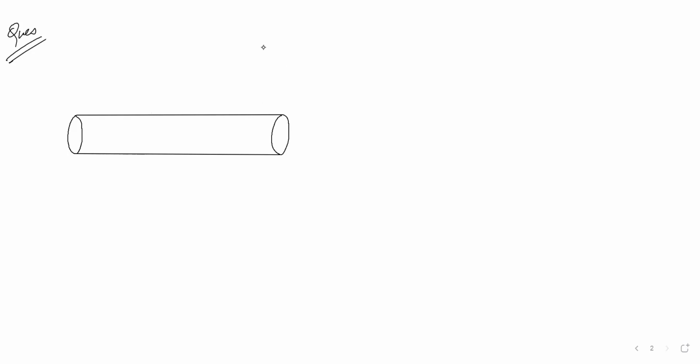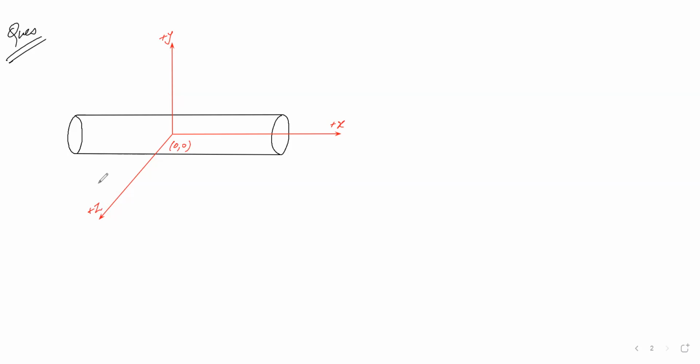This means if we draw a coordinate system, then the center of the cylinder will be at the center of the coordinate system. Do you understand or not? All of you are understanding or not? This is the center of the cylinder, which is placed at the origin of this coordinate system. This is your x-axis, I mean plus x-axis. This one is your plus y and this is your plus z-axis. Okay.